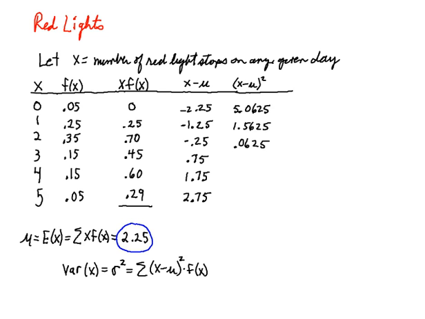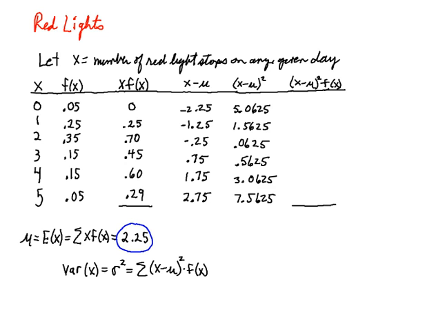Squaring 0.75, I get 0.5625. Squaring 1.75, I get 3.0625. And then squaring the 2.75, I get 7.5625. Okay, the last thing I need to do is to take those values and multiply by the probabilities.